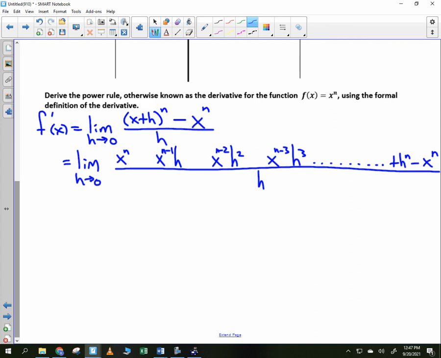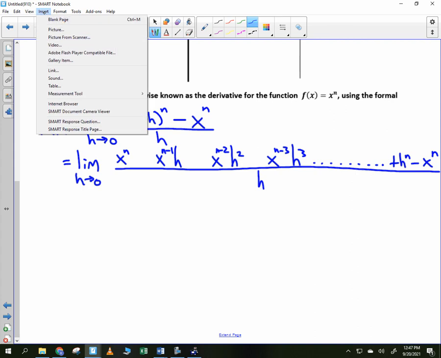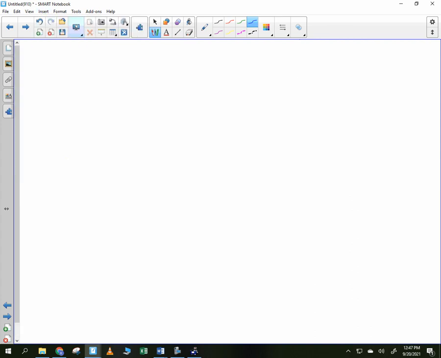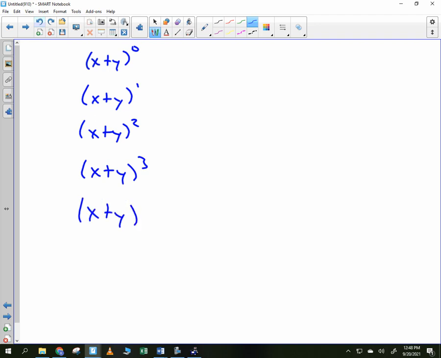Now I'm missing my coefficients, aren't I? And that's the last piece that we really have to be able to think through. I want you to follow this. If we have x plus y to the 0, x plus y to the 1, x plus y to the 2nd, x plus y to the 3rd, x plus y to the 4th, and x plus y to the 5th.